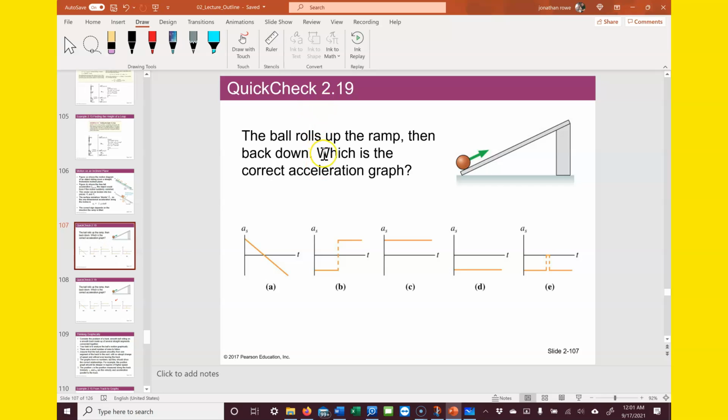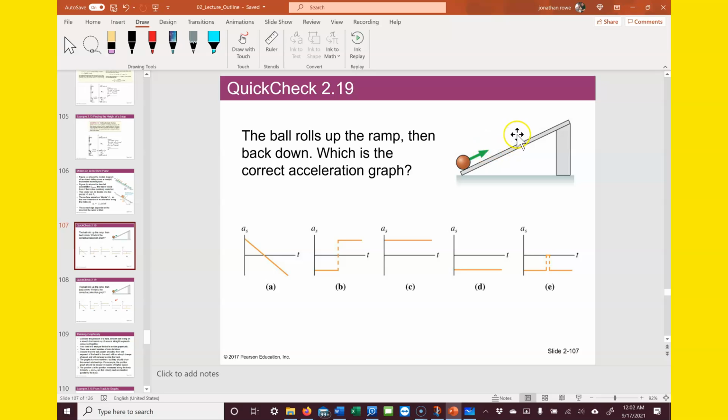Alright, quick check 2.19. The ball rolls up the ramp, then back down. Which is the correct acceleration graph? If we consider up the ramp to be the positive direction, which way does the acceleration point?